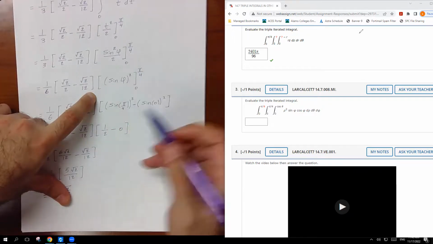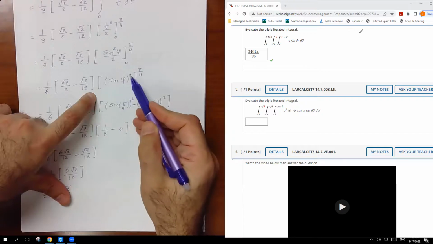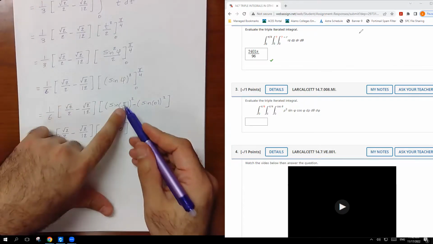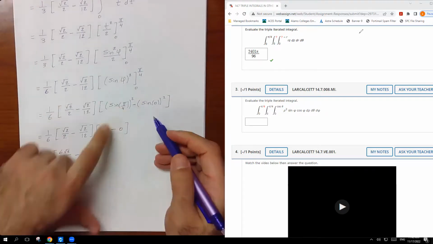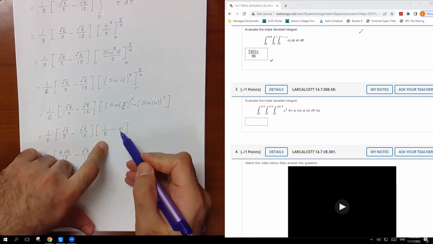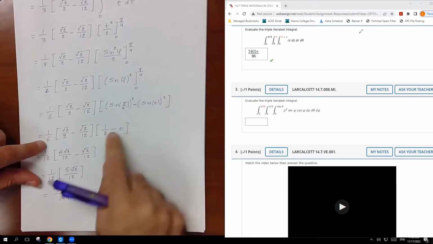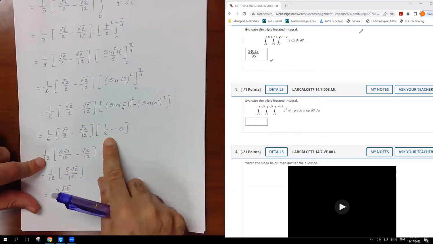Plug in. This one is the same, sine gamma squared. Plug in pi over 4 minus 0. This one is going to be half minus 0. And then we just have numbers. 1 over 6 times 1 over 2 is going to be 1 over 12.